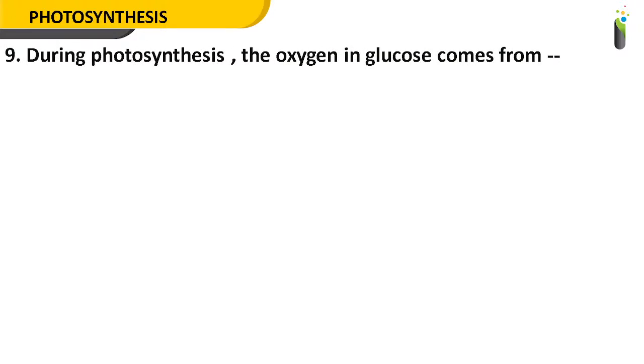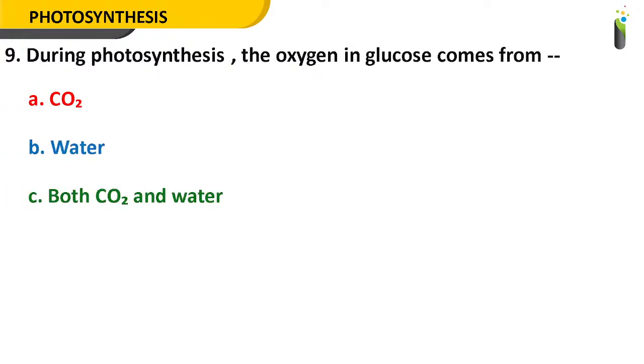Question number 9. During photosynthesis, the oxygen in glucose comes from dash. Oxygen in glucose. Friends, please listen. Oxygen in glucose comes from dash. A. Carbon dioxide. B. Water.